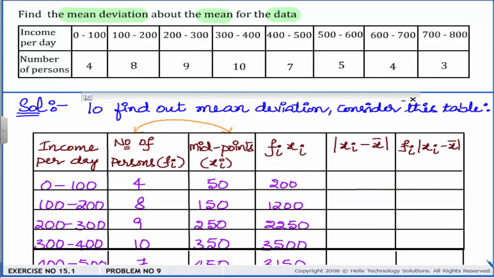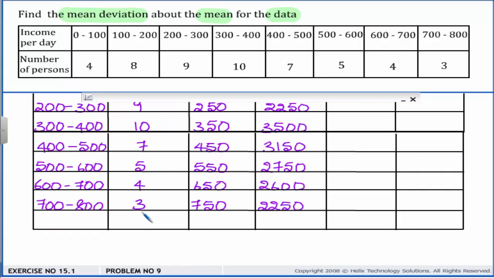Here we have the sum of the frequencies is equal to 50. Here capital N is equal to summation fi, where i is equal to 1 to 8, is equal to 50.